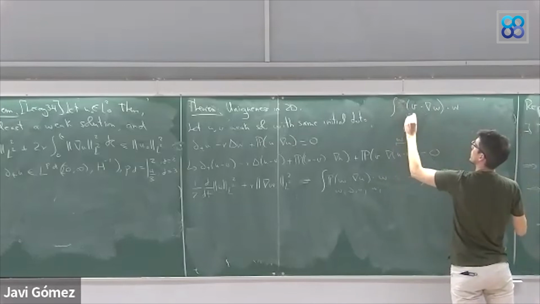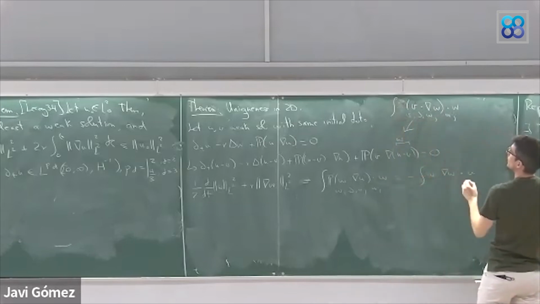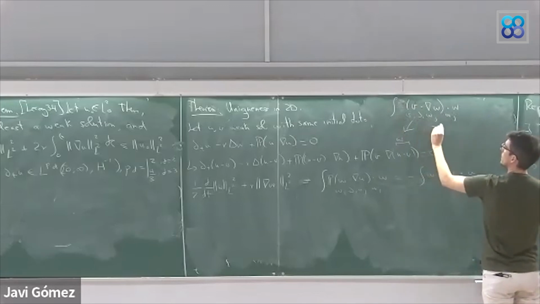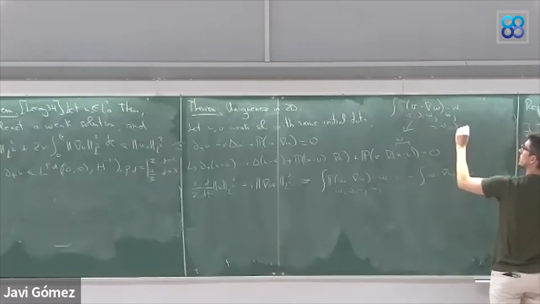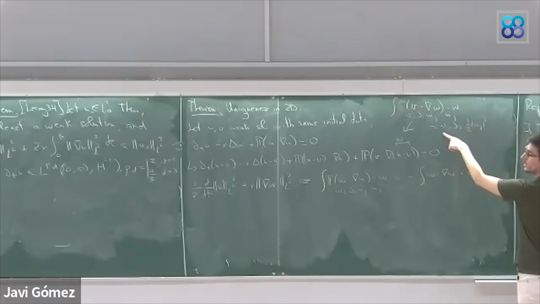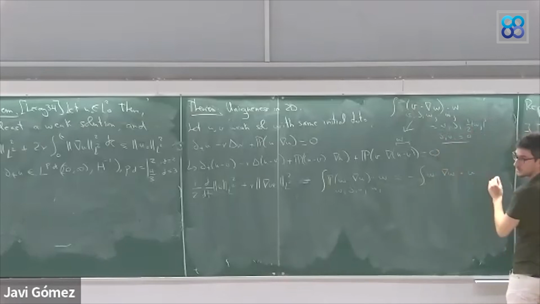This is v_i partial_i w_j w_j. So this quantity here is v_i partial_i 1/2 w_j squared, integrate by parts. And this is 0 by the divergence.